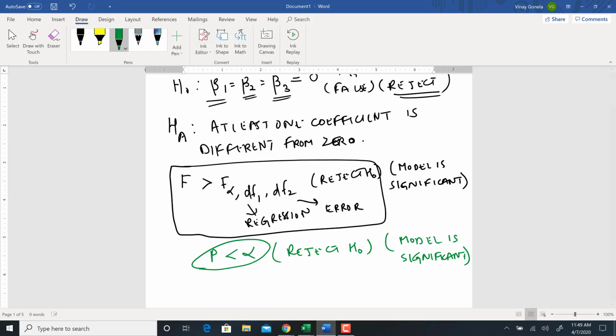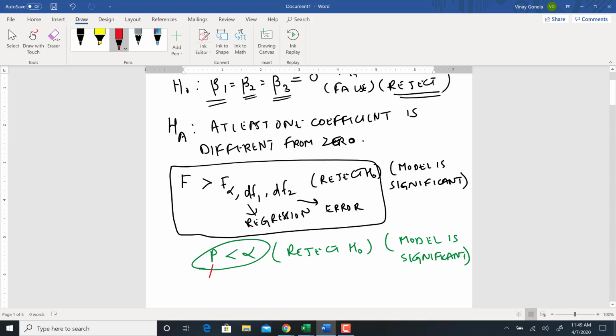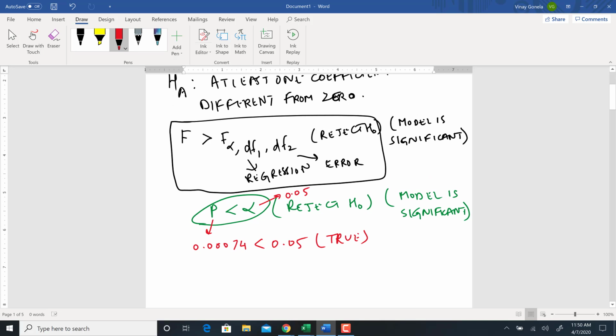So the p-value here is 0.00074. Is this less than alpha? If alpha is not given, you will assume it as 0.05. Is this statement true? Yes, this statement is true, as 0.00074 is less than 0.05. You reject H null.